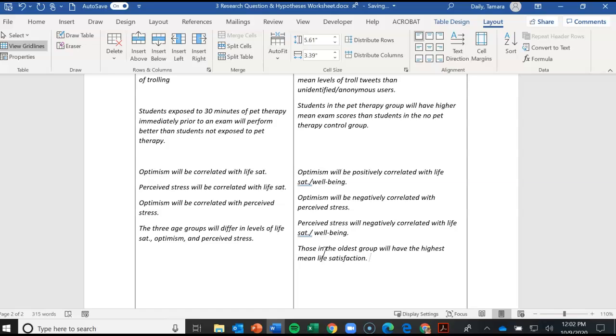So I'm going to predict that the oldest of the three groups will have the highest life satisfaction.